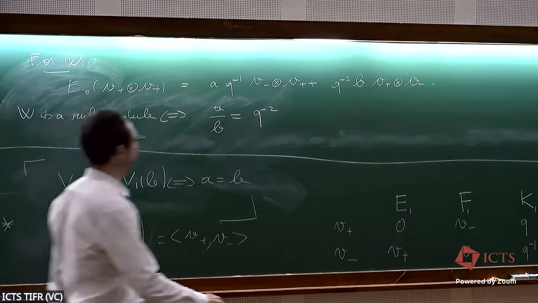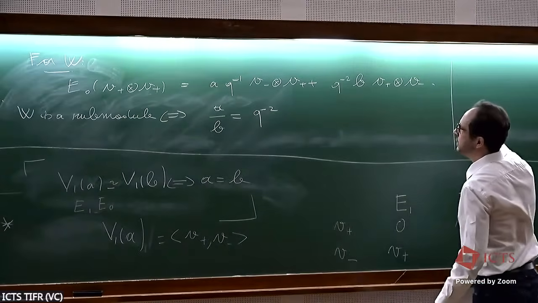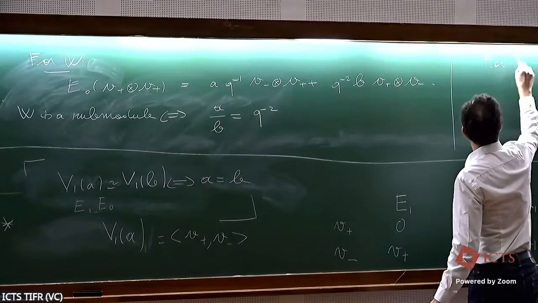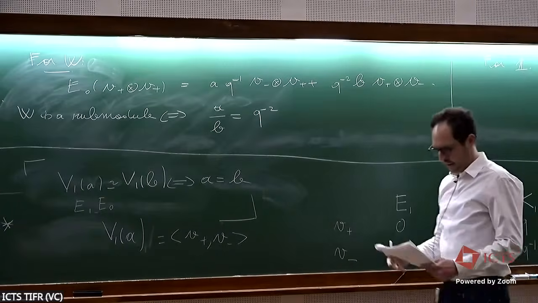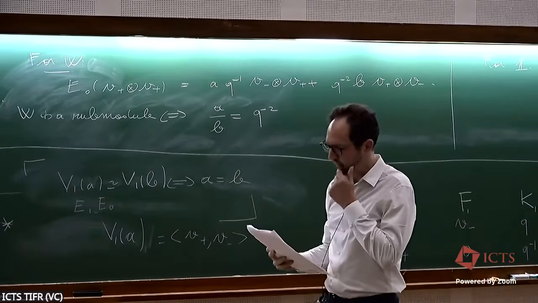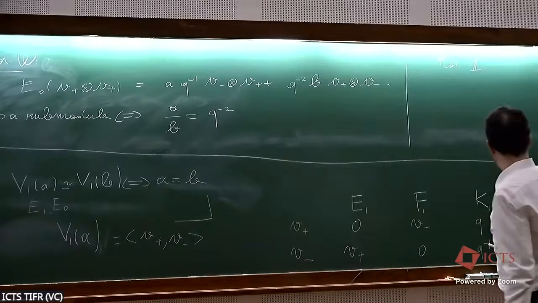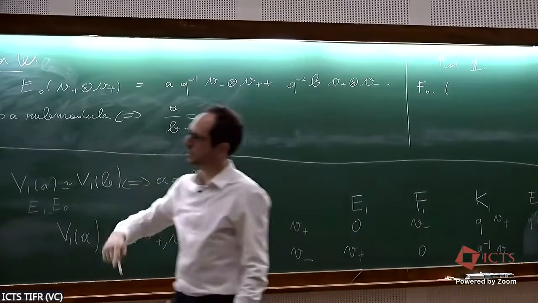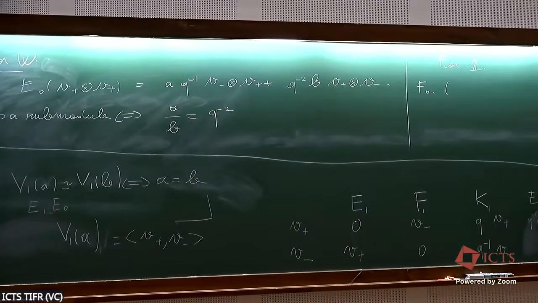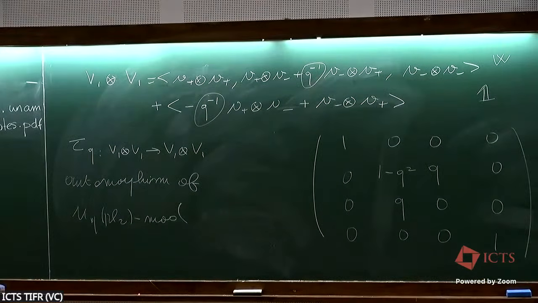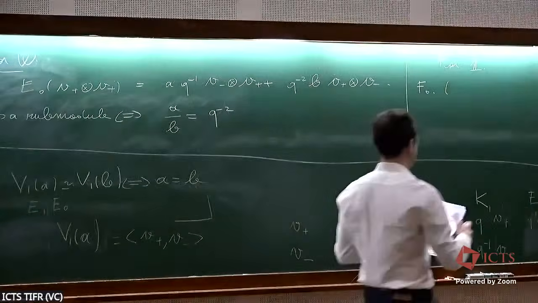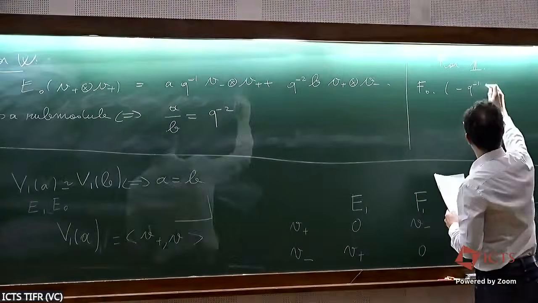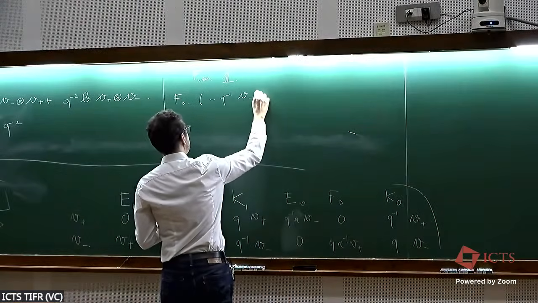And so we can do the same for the other one. You apply F0 on this vector here and generate this one. So it's really explicit linear algebra.